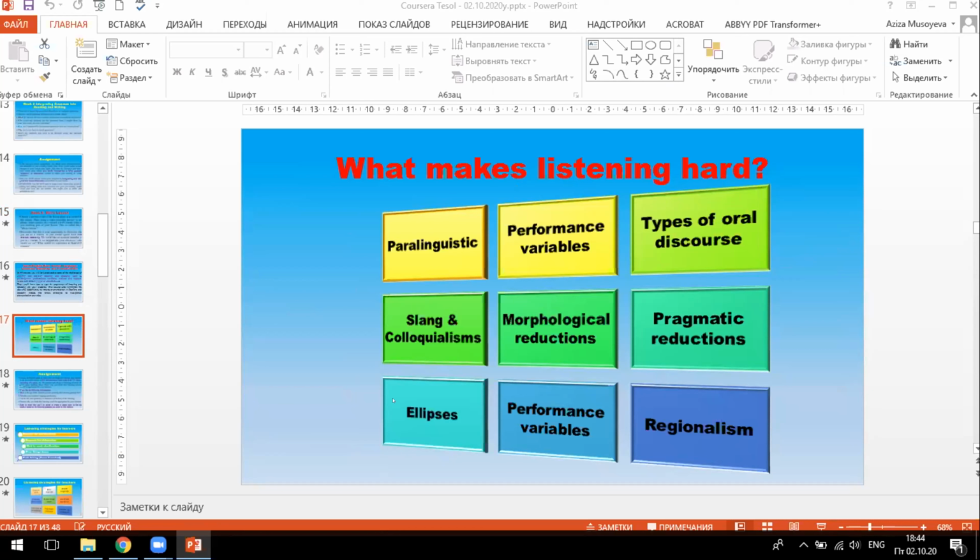Okay. There are different methods actually, but I can name some of them. It depends on the level of the learners, and on their age.